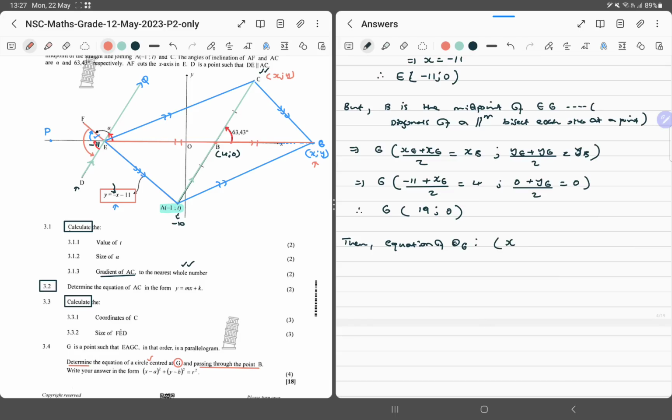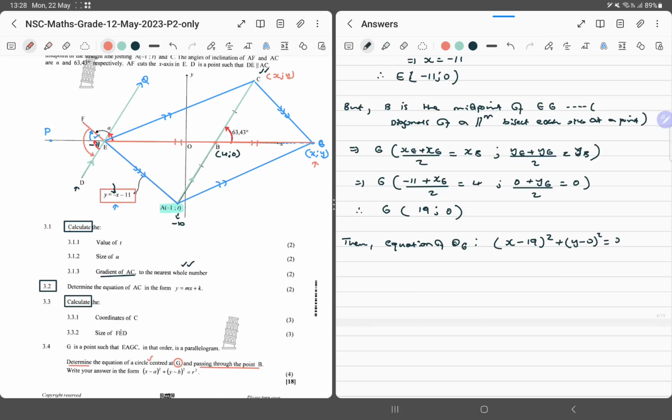Now we always take the opposite sign. It's going to be x minus 19 all squared plus y minus 0, which is just y squared, is equal to the radius squared. Let's be systematic. For that we use the distance formula, but we can already tell that that is a horizontal line.